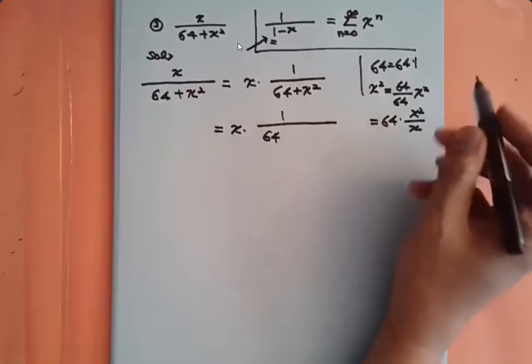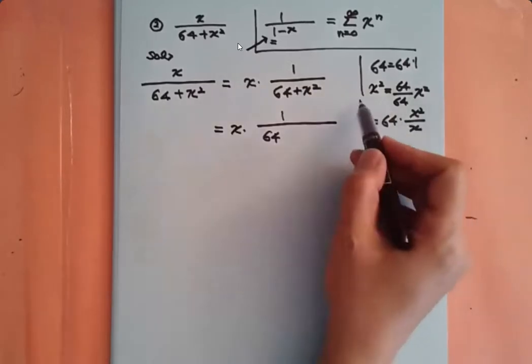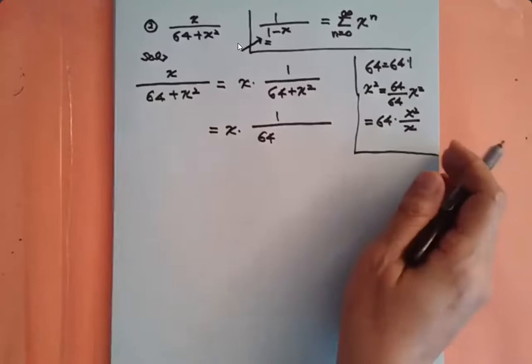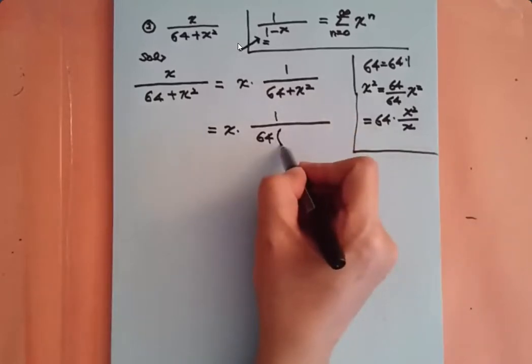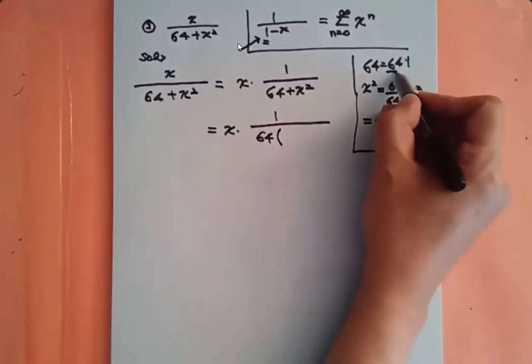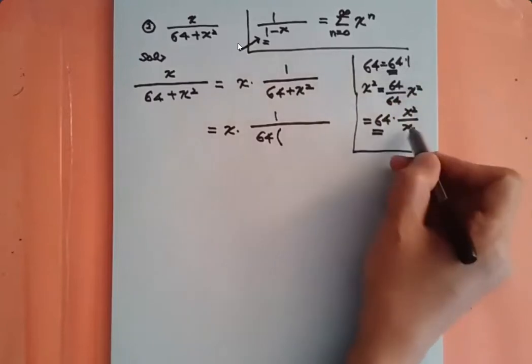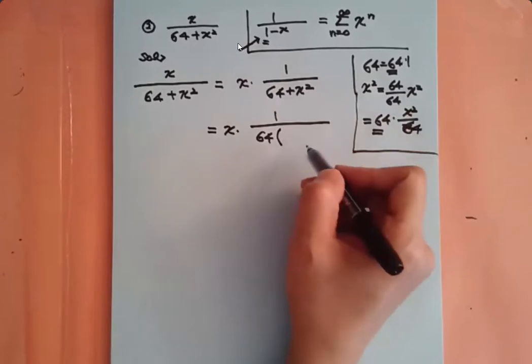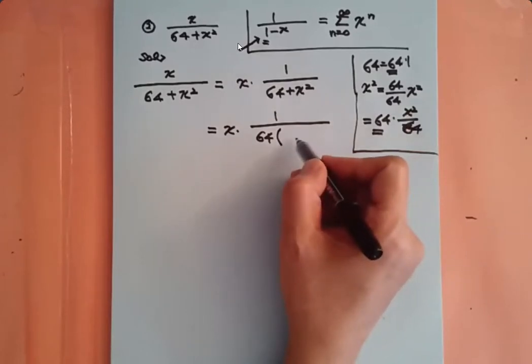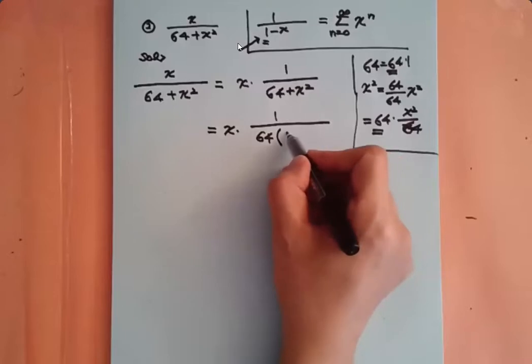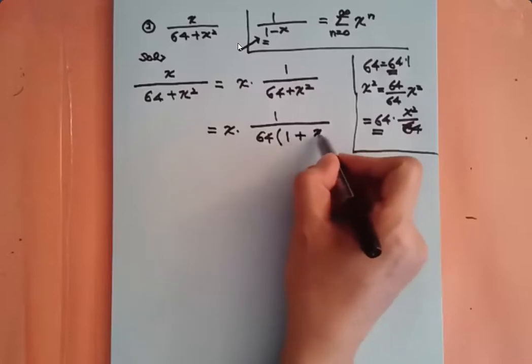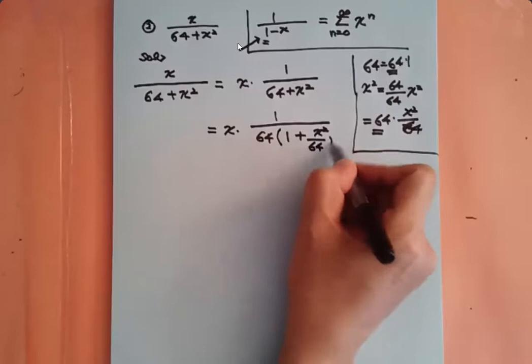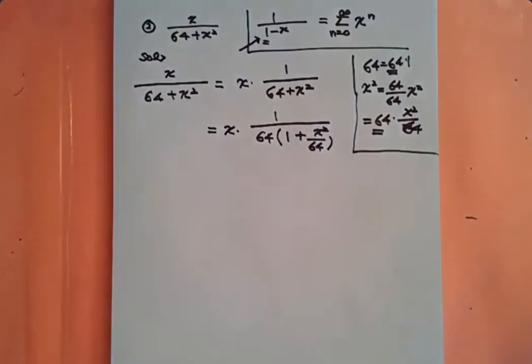When we convert each term's expression in this way and take out 64, we get 64 times 1 plus x squared over 64, right? So any question about this?